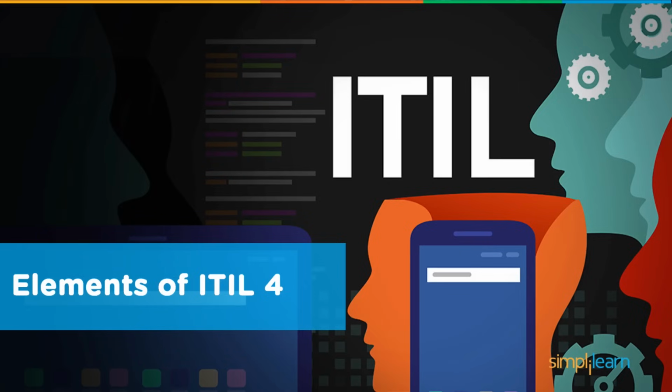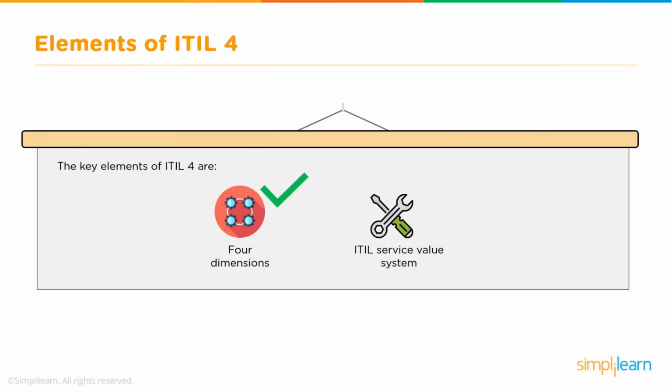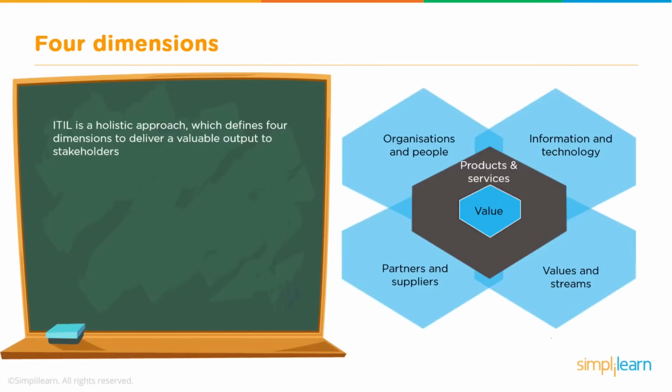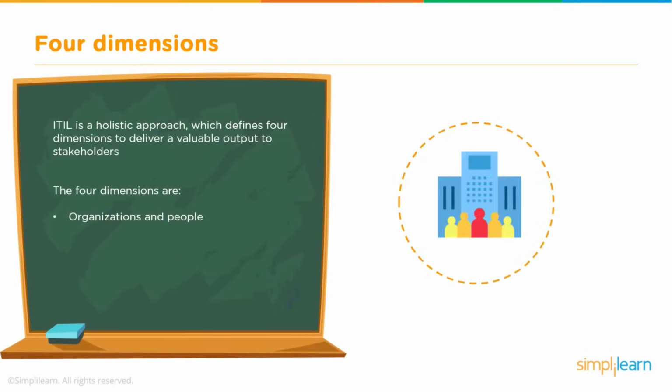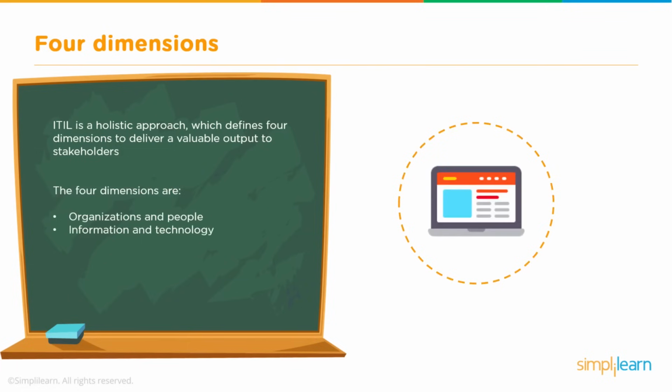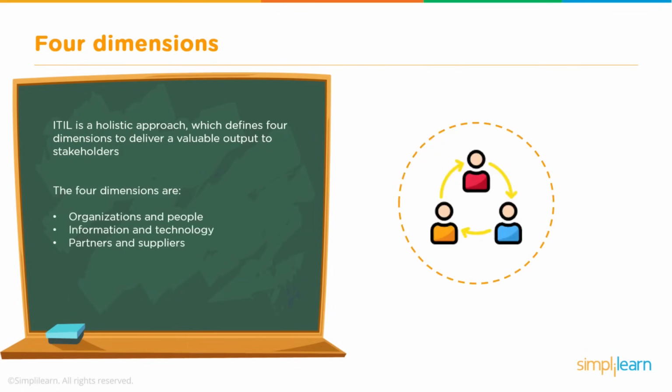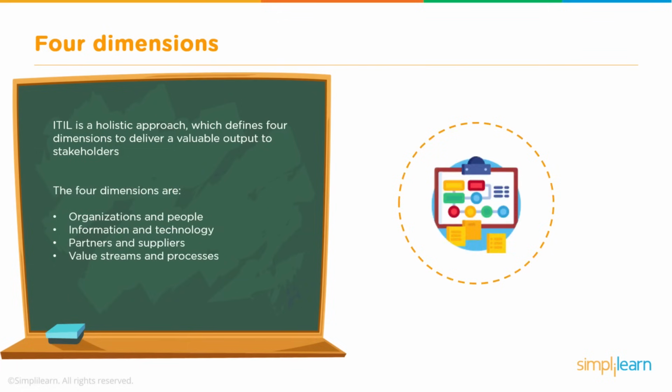So, elements of ITIL 4. Here we are going to look at understanding two main elements defined in ITIL 4, that is the 4 dimensions and the ITIL service value system. So let us look at the 4 dimensions of service. The 4 dimensions of service involve organizations and people, information and technology, partners and suppliers, and value streams and processes.